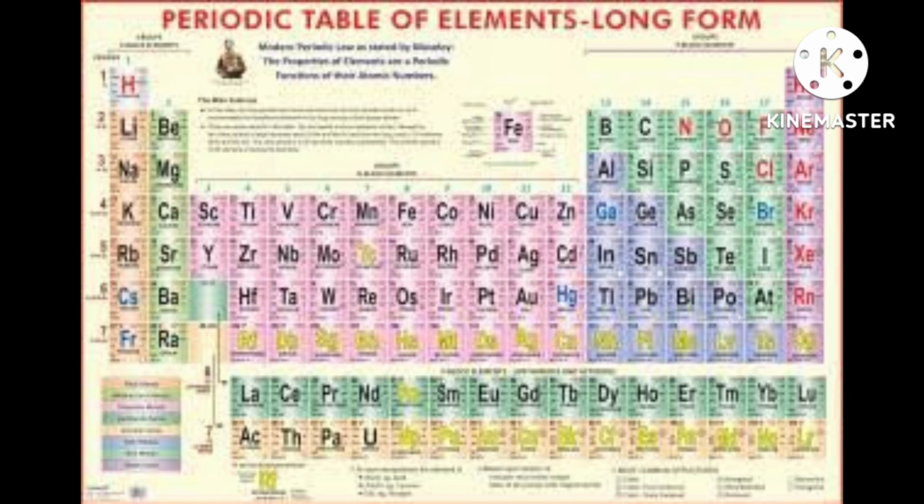And the 4th and 5th contain 18 elements, and the 6th contains 32 elements. Just keep in mind, very important things I am telling you. First period contains 2 elements, second and third contain 8, fourth and fifth contain 18, and sixth contains 32 elements.